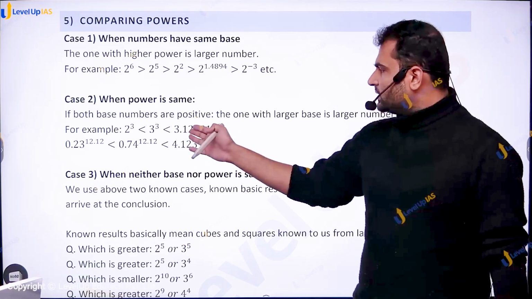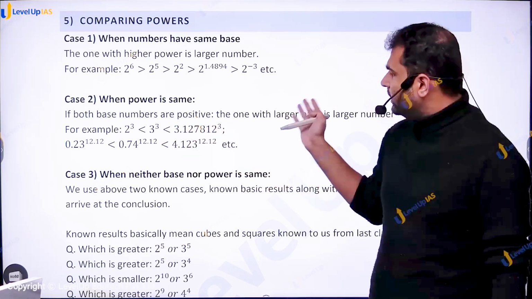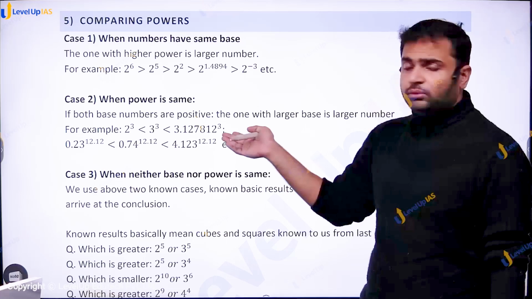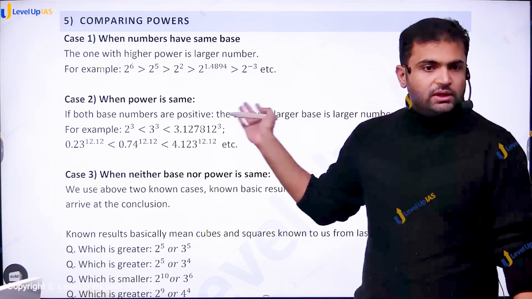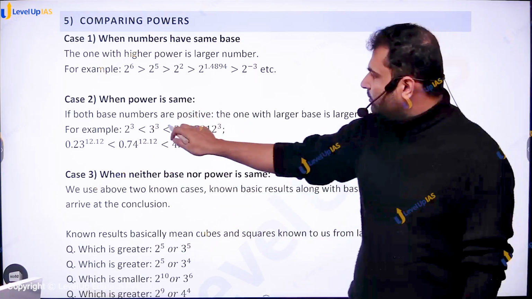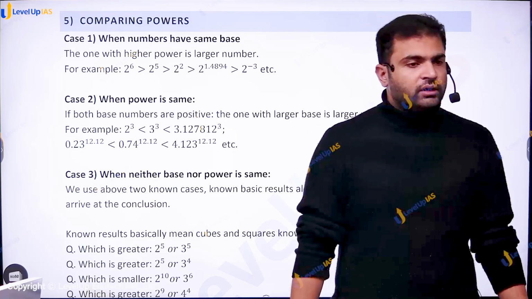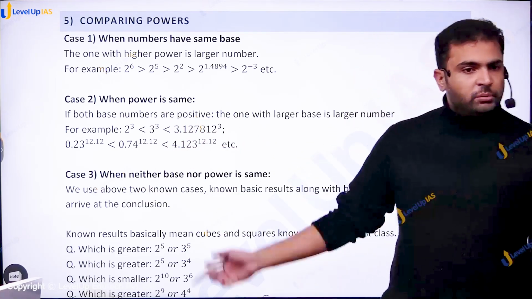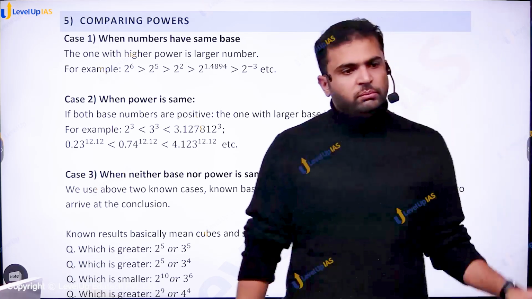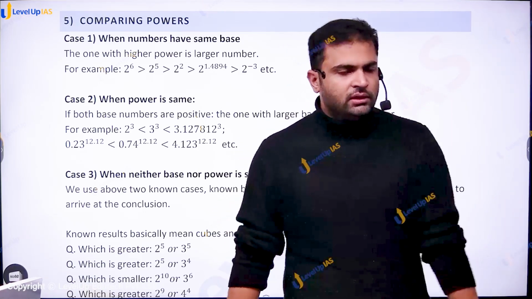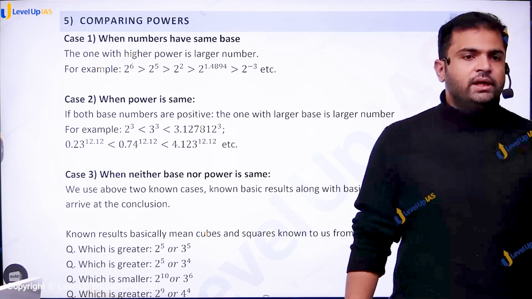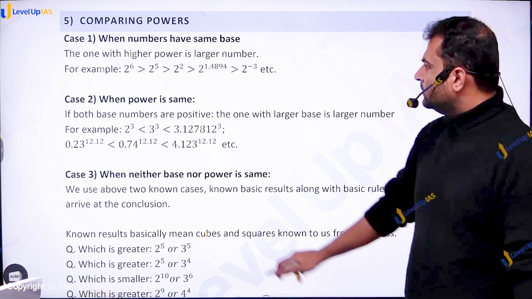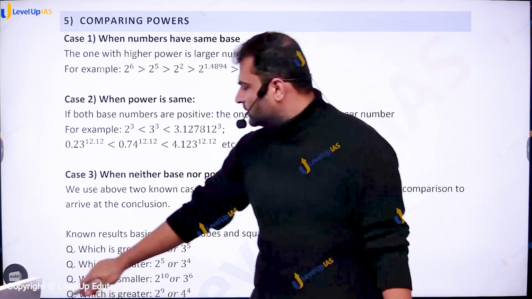And this would be less than 3 point something, 127812 cubed, because we are taking the same power everywhere, we are cubing the number, but this base is higher than 3, so automatically the number would be bigger. If the power is the same, the higher the base, the higher the number. If the base is the same, the higher the power, the higher the number. And again you can see the trend.